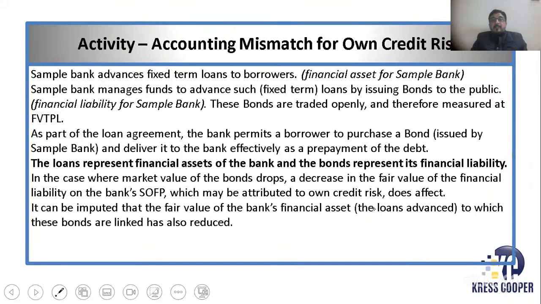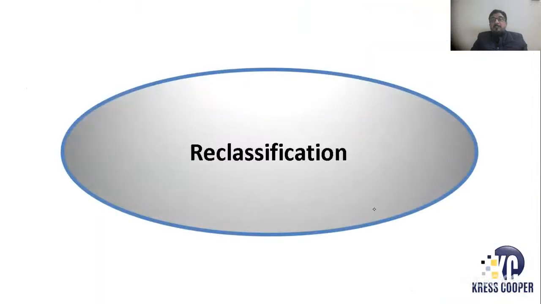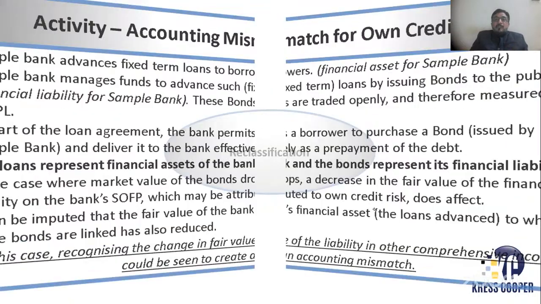And there is an important point to understand: when you are measuring the financial liability at fair value, the fair value change representing the own credit risk would be taken through OCI. The rest of the remeasurement difference will be taken through profit and loss.